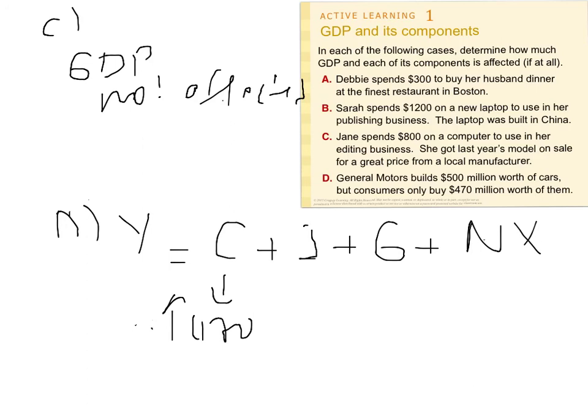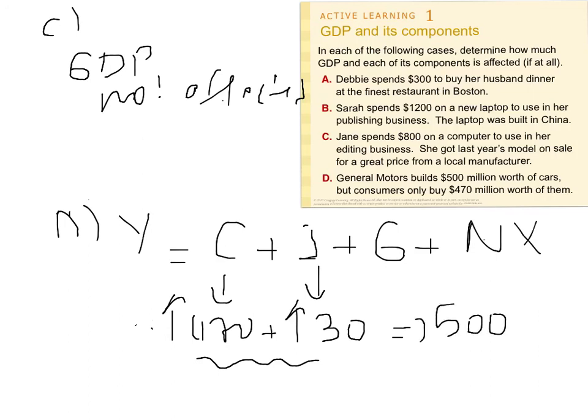If a company cannot sell the car, it's going to take that car into inventory. And we know that if a company takes any product into inventory, it is considered investment spending. So 30 million of investment spending will increase. As you see, a total amount of 500 million of GDP will increase.